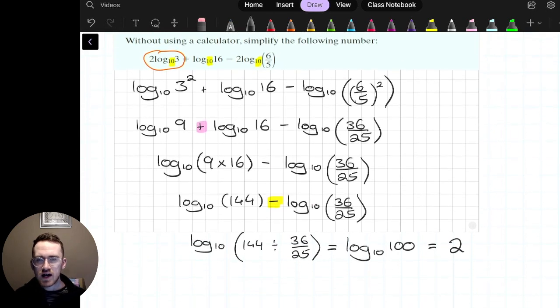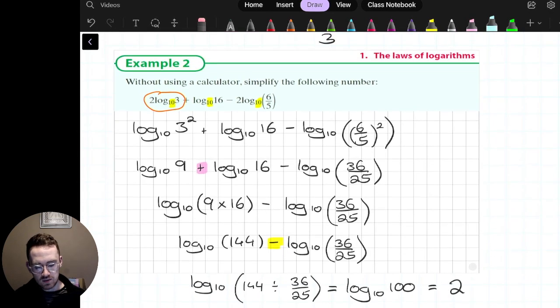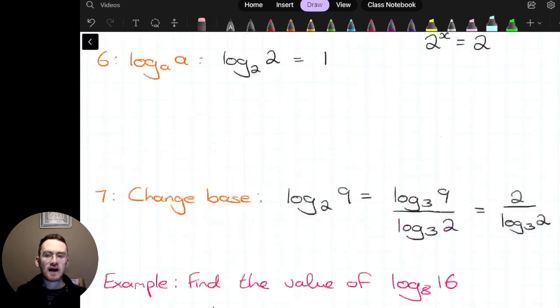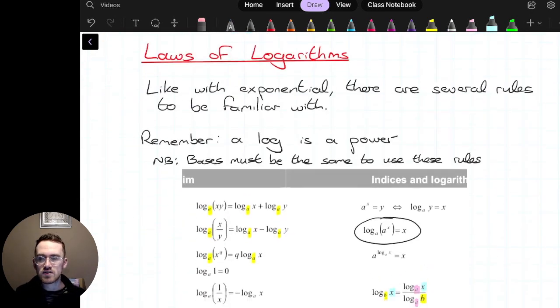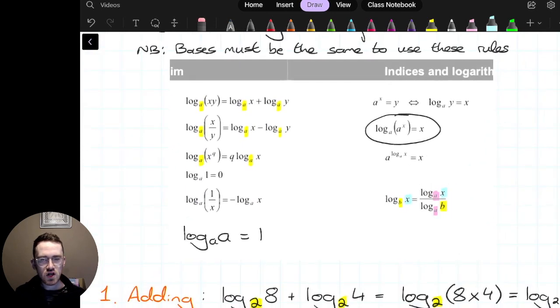Now we might ask, why did we have to start with this step of eliminating those 2's at the front? And the reason's fairly simple. If we look back at how these rules were written for us at the very start, we can see that nowhere in these rules are we adding or subtracting terms that have a number at the front of them.